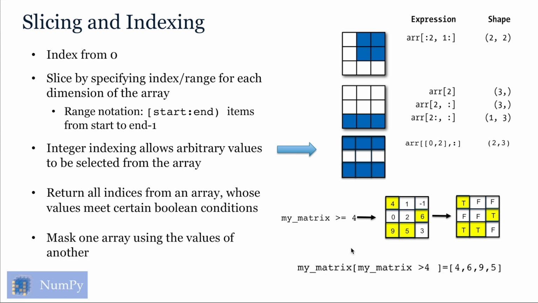More commonly, what you'll use this for, though, is to actually return the values from the array that meet that condition. And in order to do that, you need to pass that Boolean condition in order to slice your matrix. In that case, it then just returns a list of all of the values from this matrix that meet this condition.